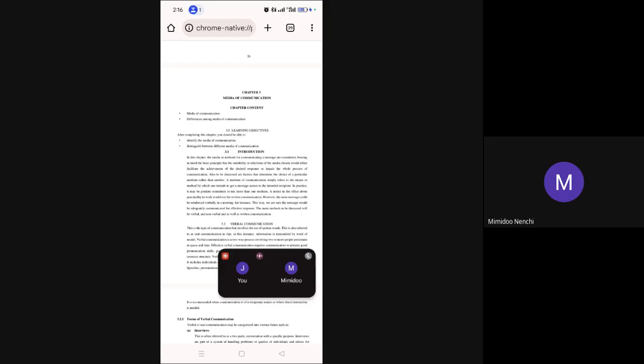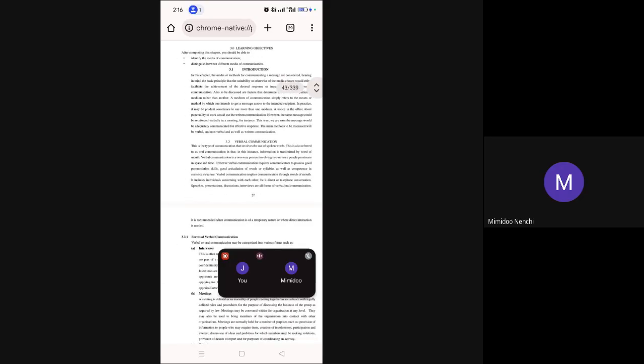Are we together? So now let's quickly move on to the first media of communication. The first one is verbal communication. When it's verbal communication, you are making use of the words of mouth, the spoken words. This is the type of communication that involves the use of spoken words.